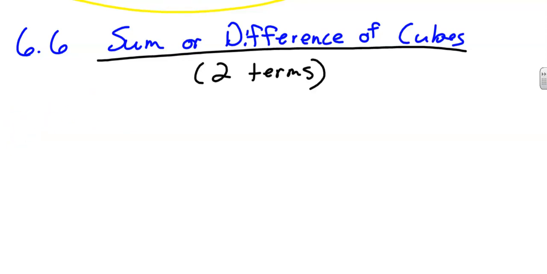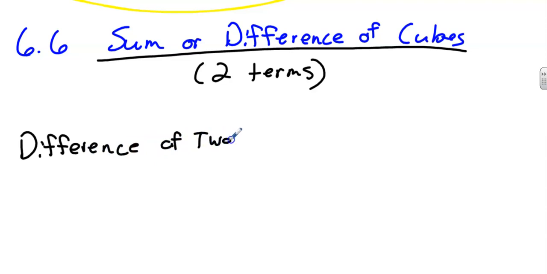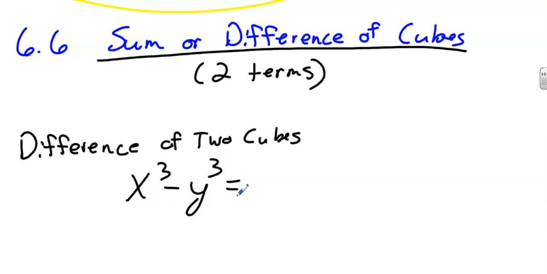You have basically the difference formula. Okay, and basically it's this. It's x cubed minus y cubed. And this is the formula that you would use, and we'll go back and plug the numbers in on it in just a second.